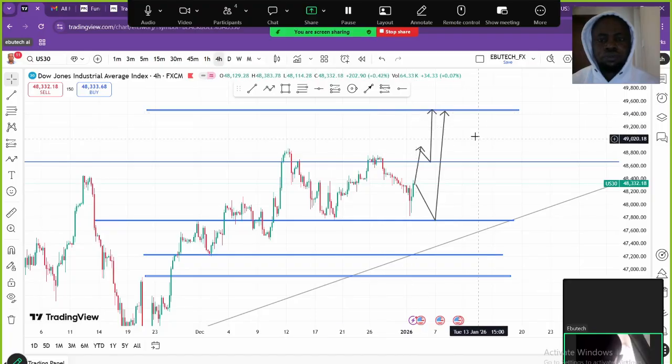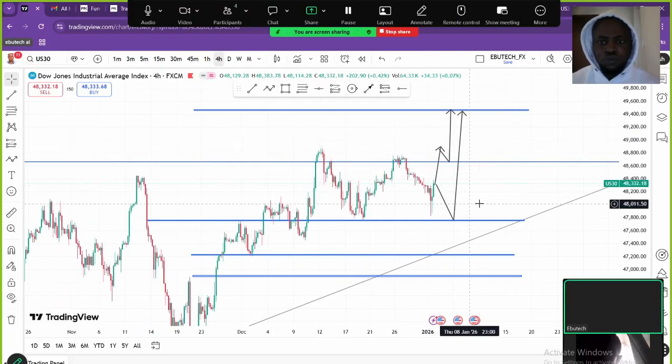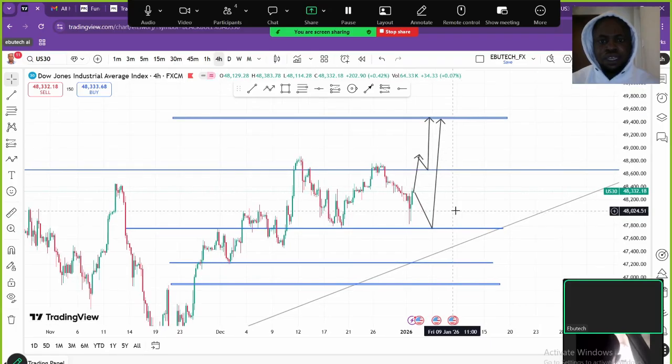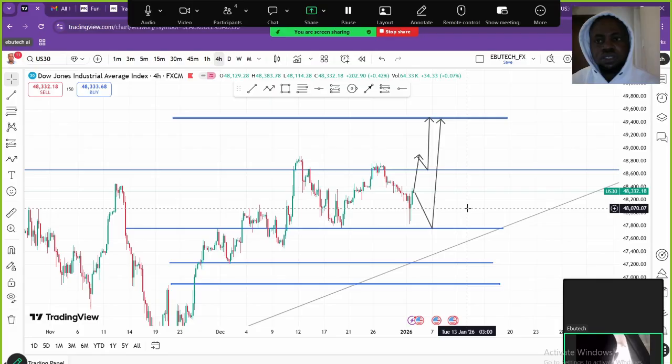So now, once you have done this, the next thing you need to understand is US30. We trade US30 during the New York session, which is 4:30. You will check at your own end the time that tallies with the New York session.